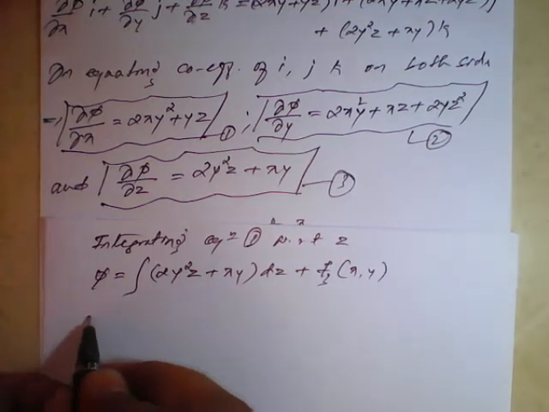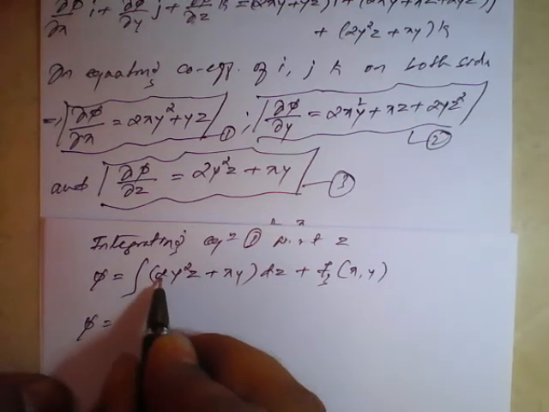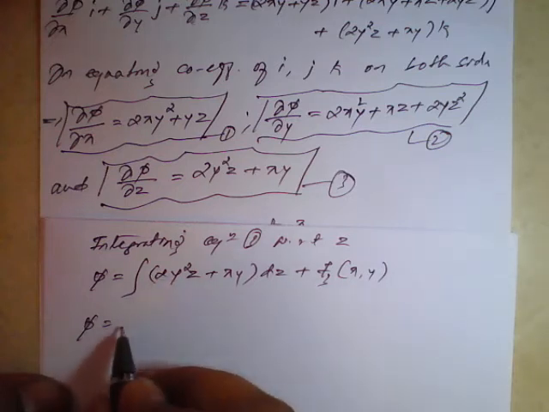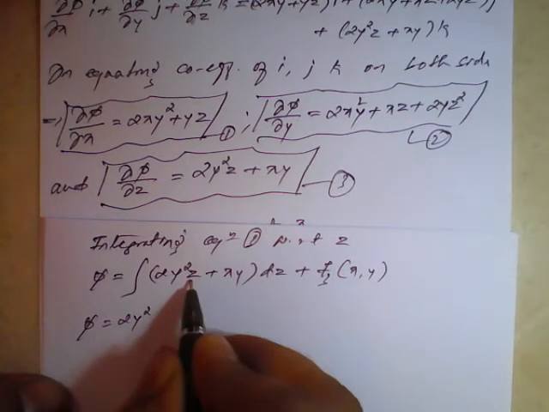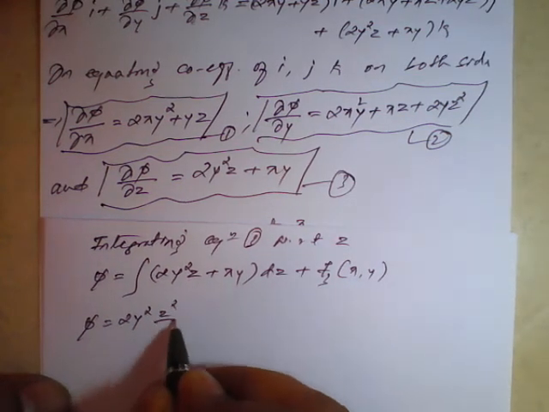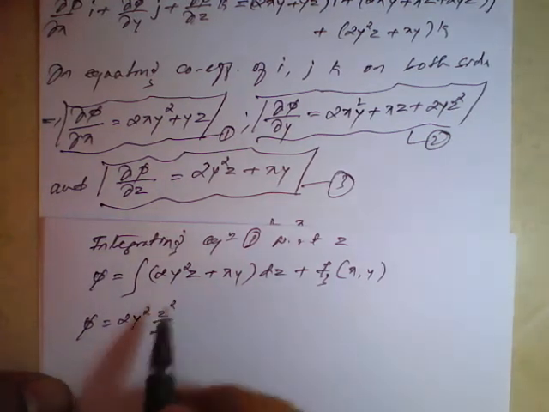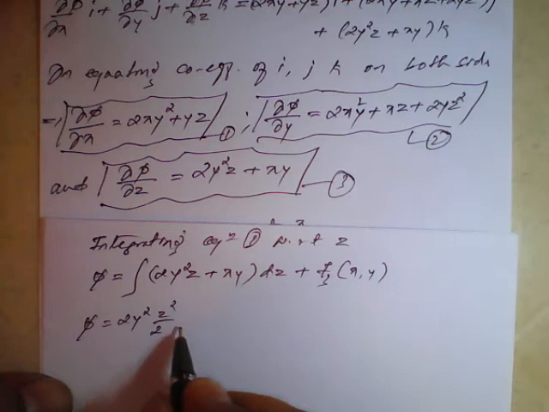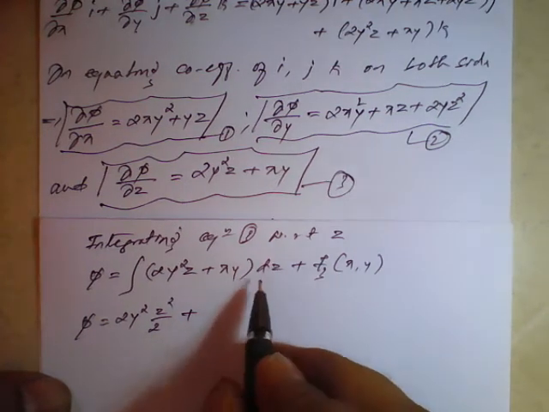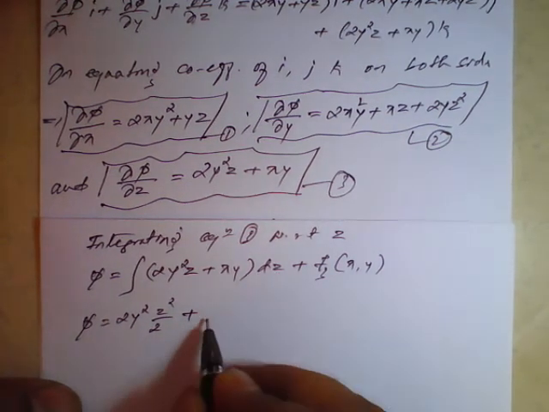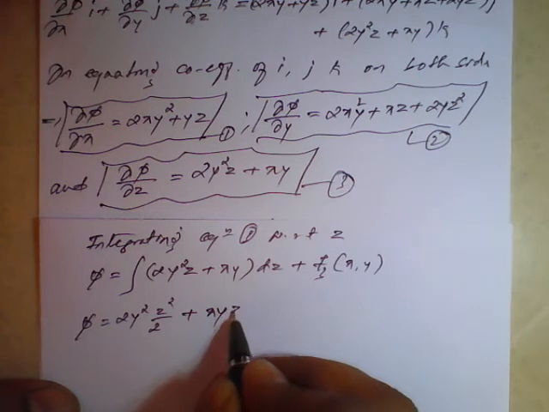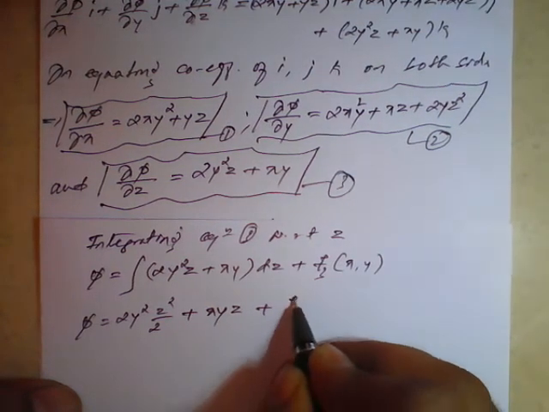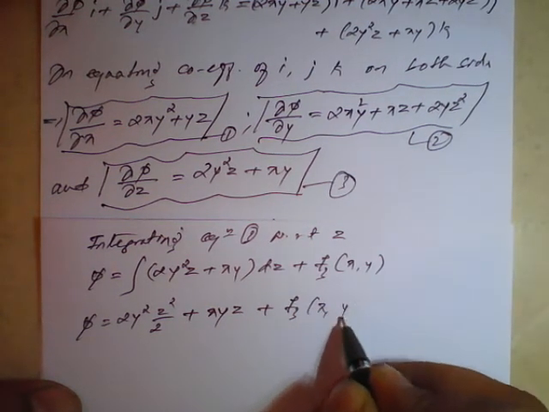So on simplification of this integration, 2y square is a constant, and the integration of z with respect to z is z square by 2. Plus xy is a constant, and the integration of a constant with respect to z is the constant multiplied by z, plus f3 of x comma y.